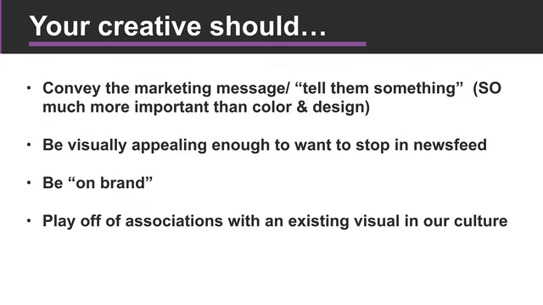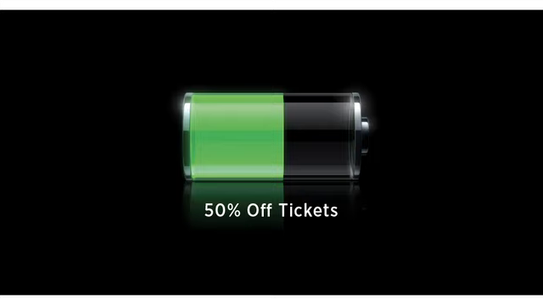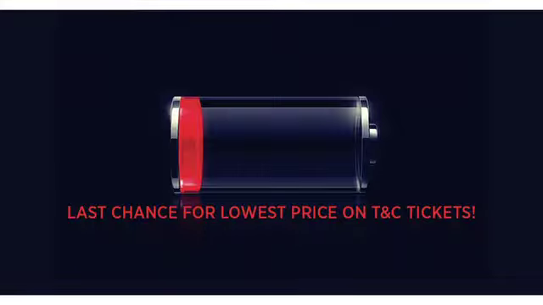So an example of this, while I was at DM, we wanted to portray the idea that we were selling out of tickets for Traffic and Conversion Summit. So the first ad we ran was a battery that was half full, right? An iPhone battery or any battery and its lifespan is something that people are familiar with. They're on an electronic device to be able to consume this in the first place.